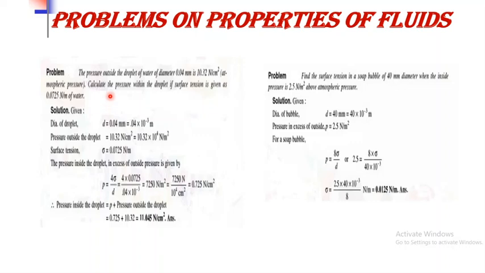0.0725 Newton per meter of water. So here we have to calculate the pressure within the droplet, and the outside pressure is given, that is 10.32 Newton per meter square.